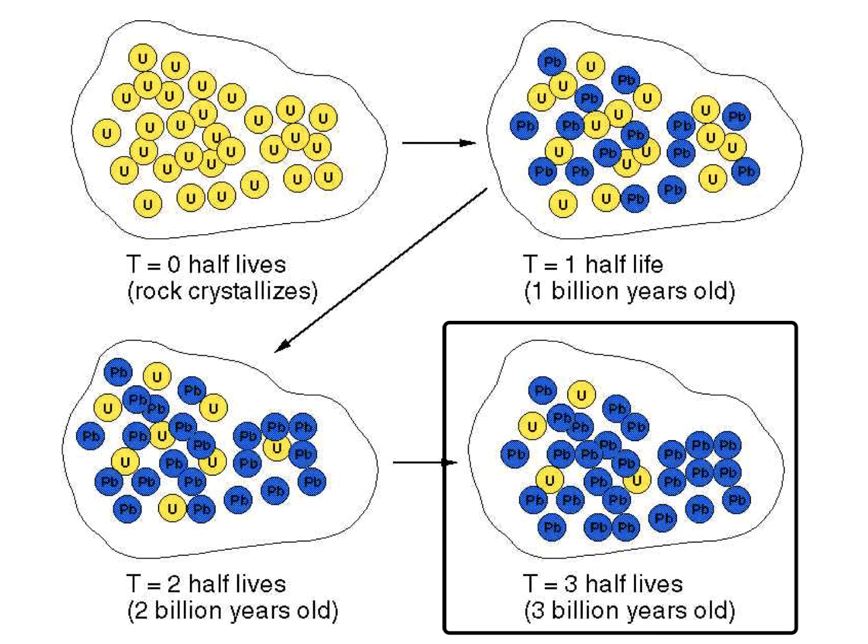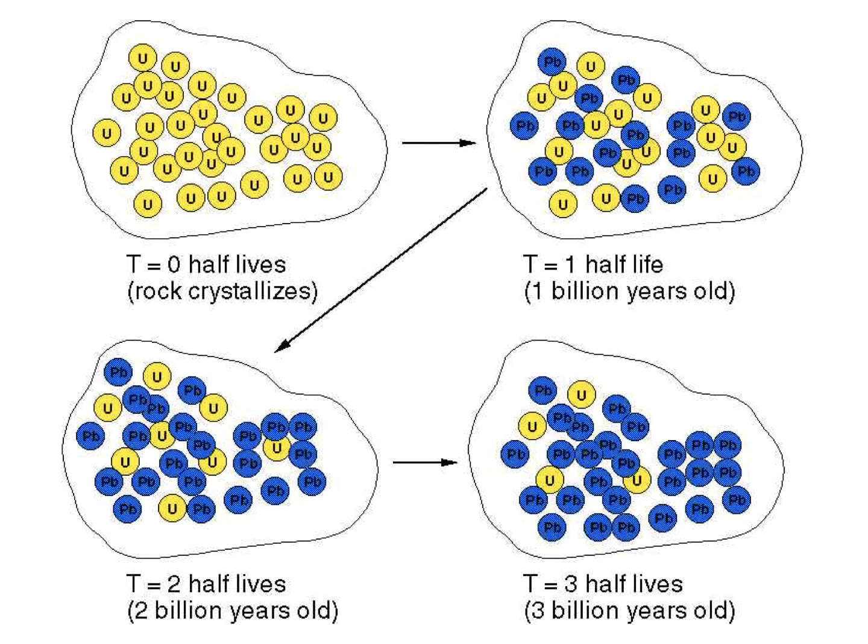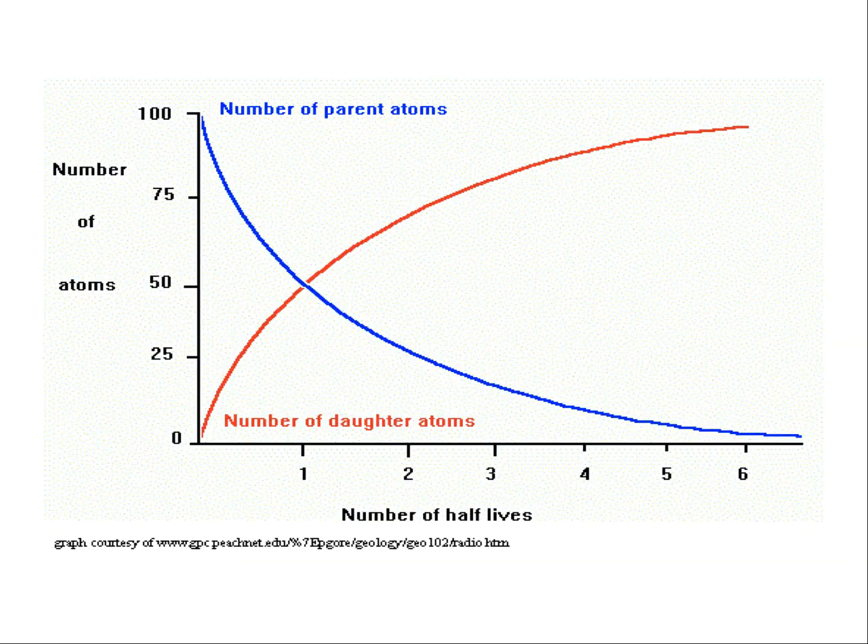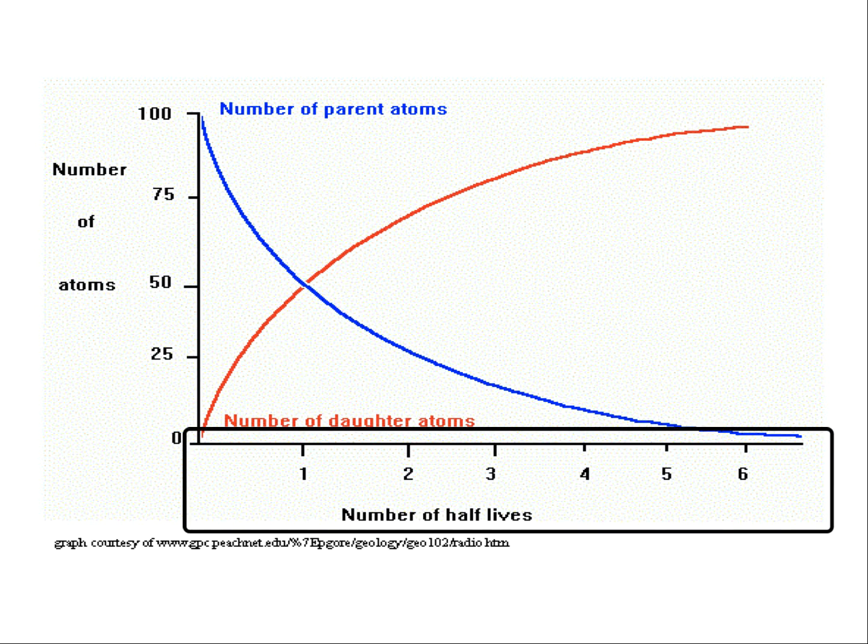So you can date them according to the proportion of uranium and the daughter atom, in this case lead. You can then graph those according to the amount of the parent atoms versus the number of daughter atoms and the number of half-lives, and then come up with a scale for each of those isotopes.